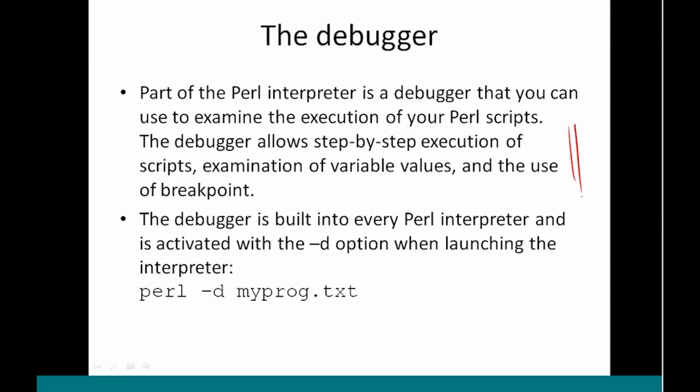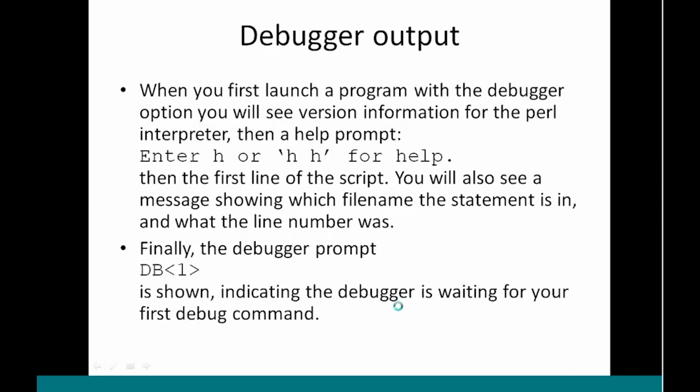These are all typical uses of a debugger, which is also available in Perl. The debugger is built into every Perl interpreter, and it's activated using the -d option when launching the interpreter. For example, perl -d myprogram.txt activates the debugger.